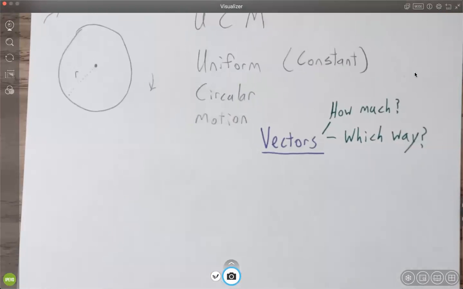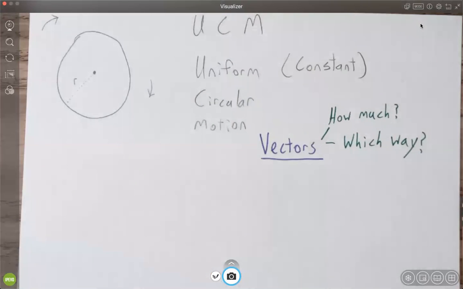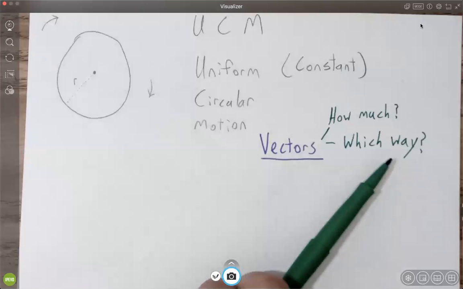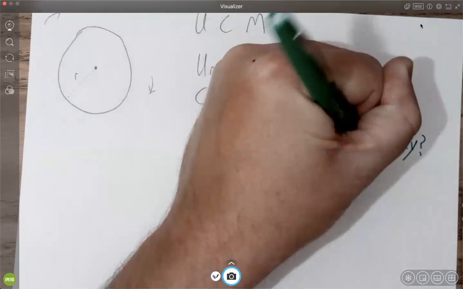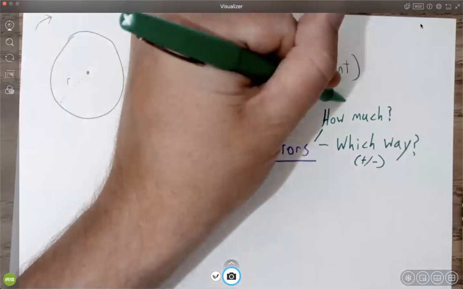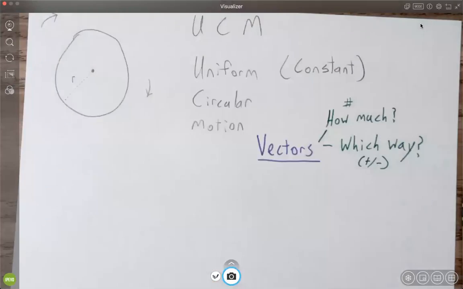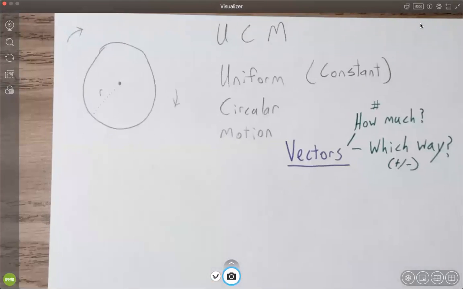So when we talk about a vector, it's going to give us a direction. So that's going to be that plus or minus. That's often the times when we talk about which way, plus or minus, when we're talking in one dimension, and how much, that's going to be the number. So we're going to talk about how much and which way for these vectors.